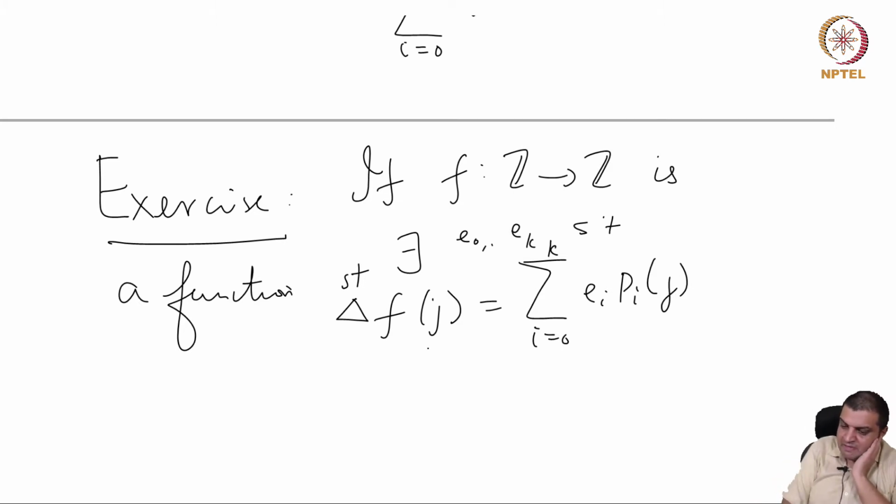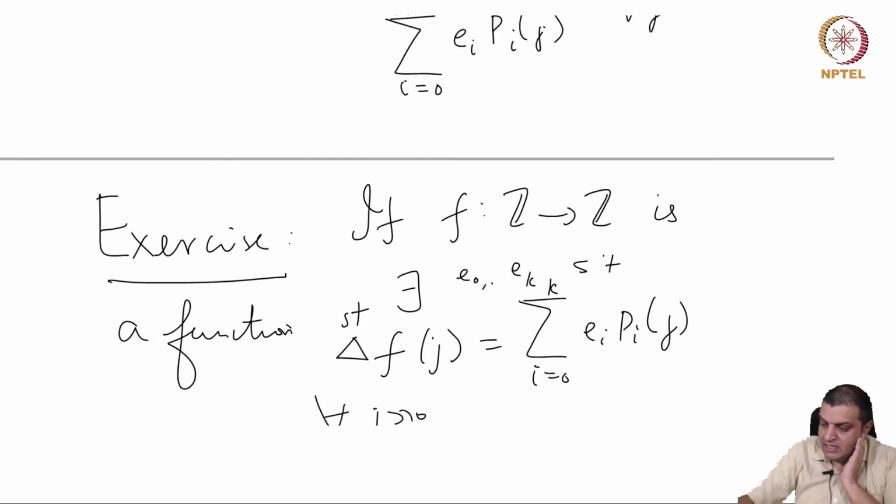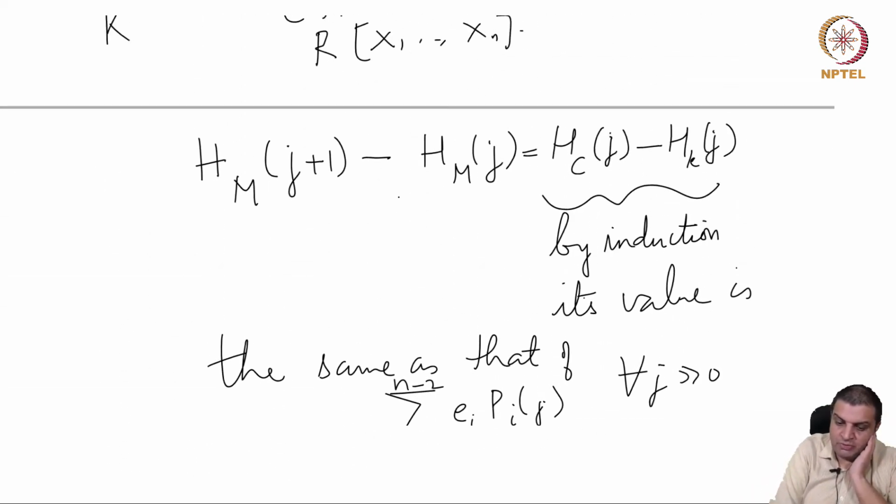So delta f agrees with this polynomial for sufficiently large j. This is the delta of the function, the first difference of the Hilbert function.